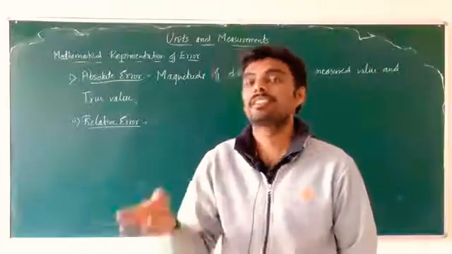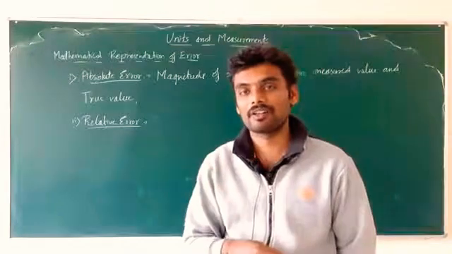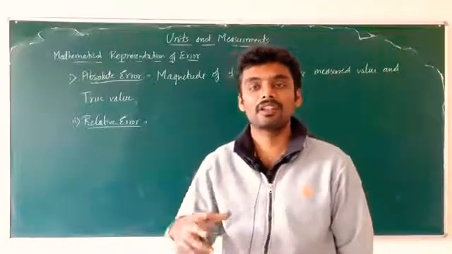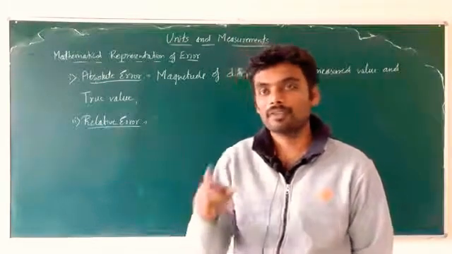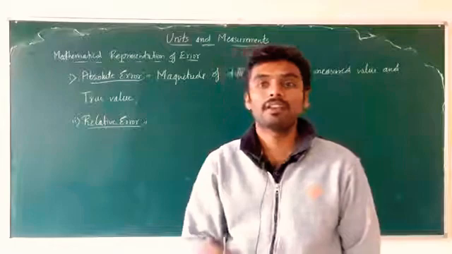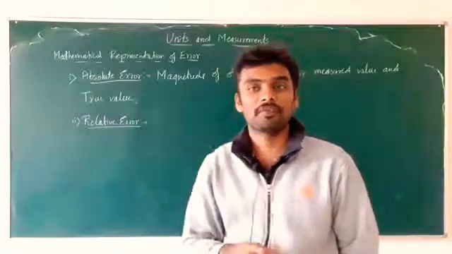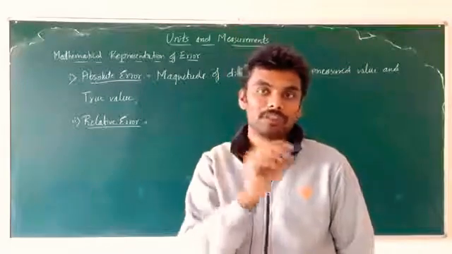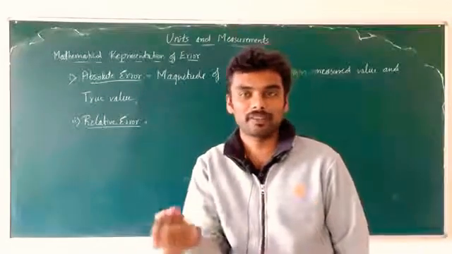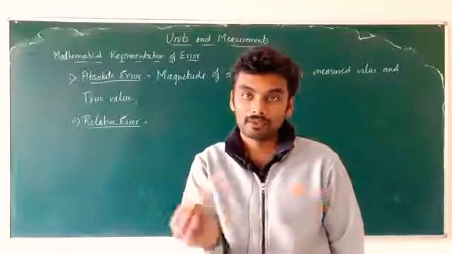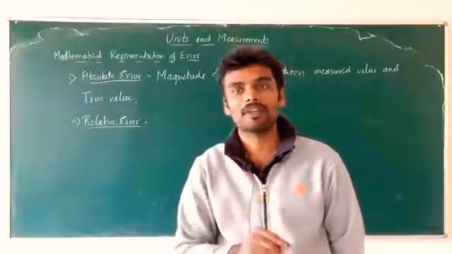If I am measuring sugar, then 1 gram error is good, because we measure sugar in kilograms. So 1 gram error in thousands of grams is a good measurement. 1 gram error in a few grams of measurement, because jewels are always measured in a few grams, is a bad measurement.